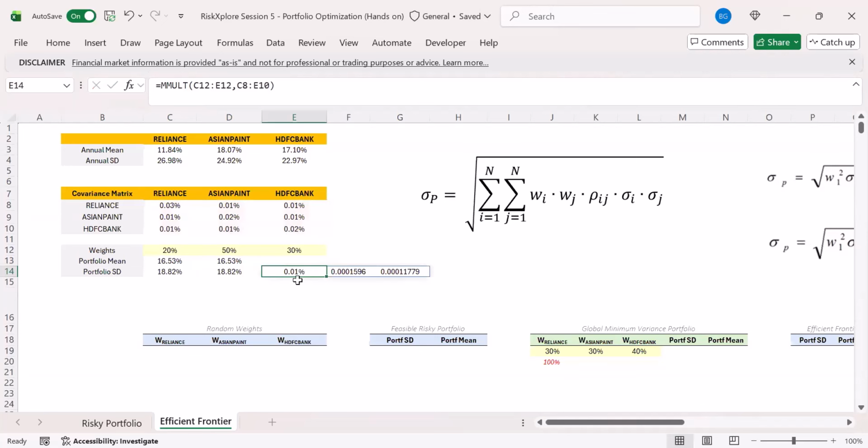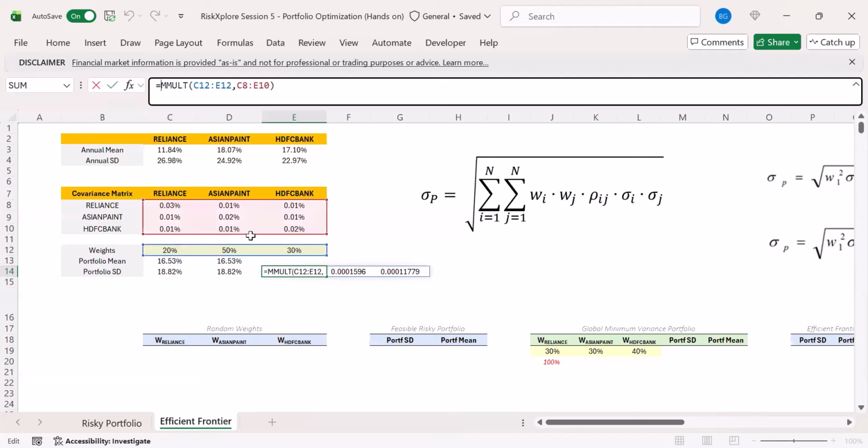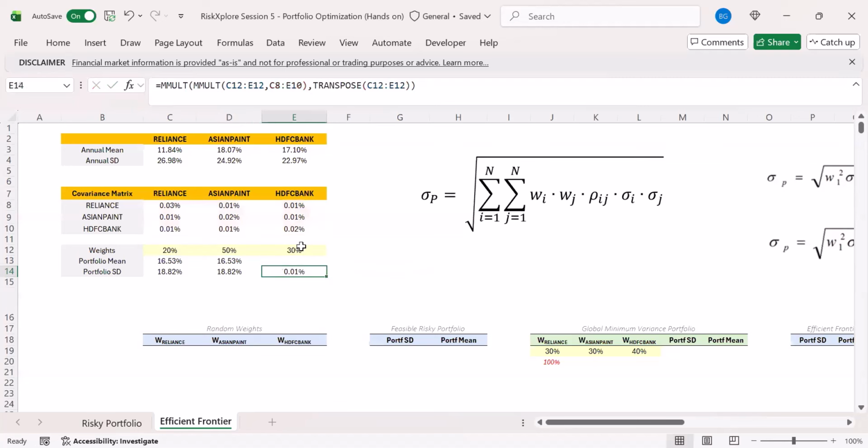We have that here, right? We have the matrix multiplication. Now we have to again do MMULT here with the transposed weights range, and we have this number here. So we have the MMULT again here.